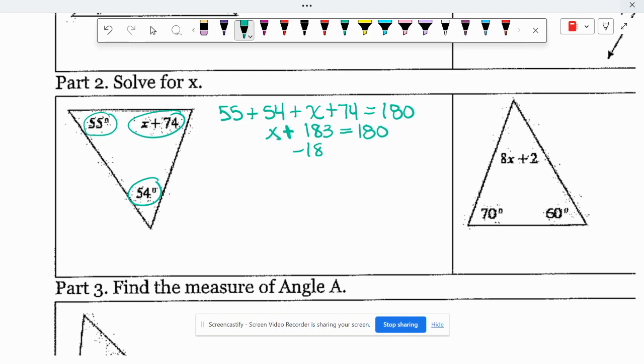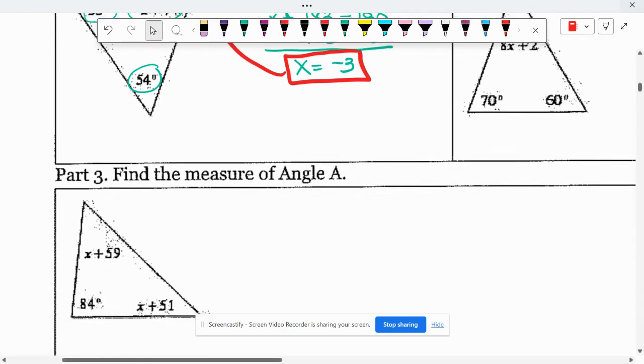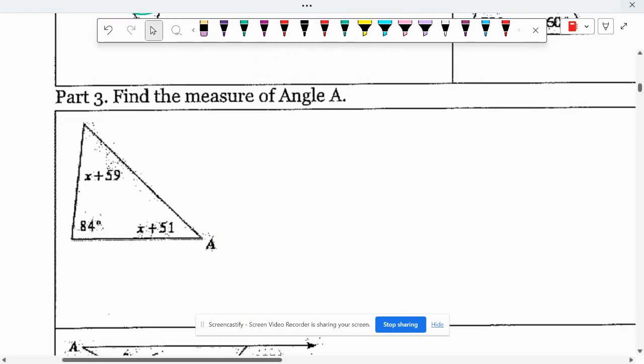When I subtract 183 from both sides, I find out that x equals negative 3. Now, it's not telling me that an angle has a measure of negative 3. It's saying that the value of x is negative 3. So this angle up here, negative 3 plus 74, is 71 degrees. Does that make sense?